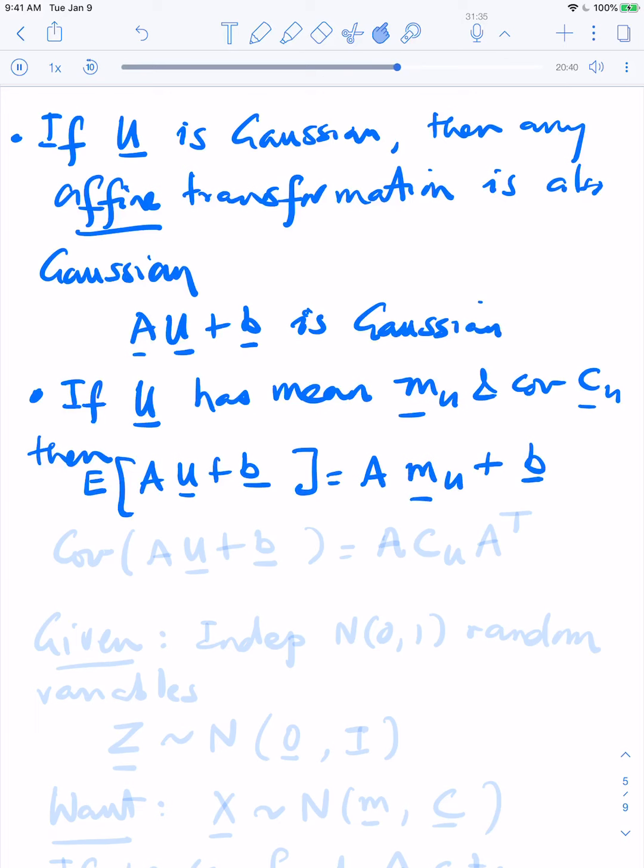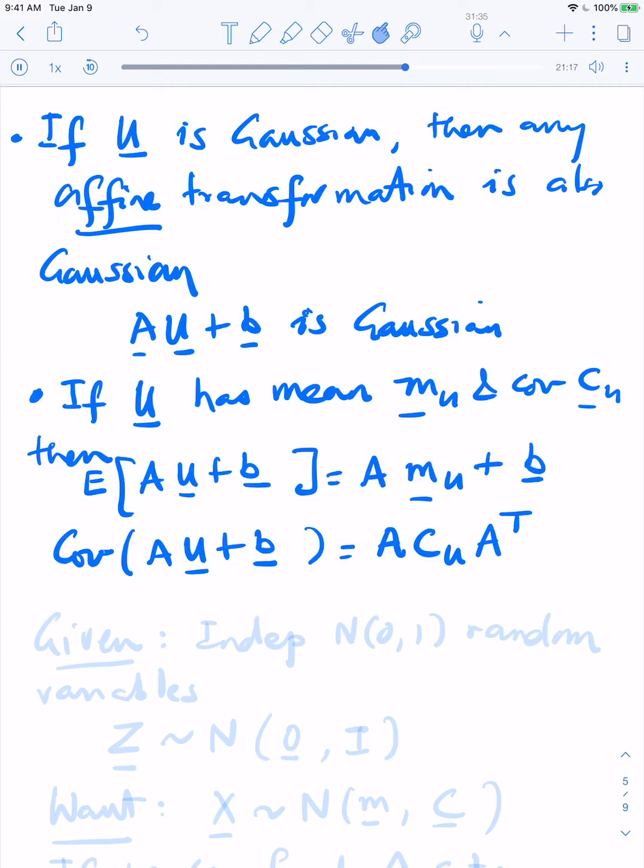So the mean just propagates in that fashion. And the covariance of AU plus B, remember that for the covariance you subtract out the mean before computing covariance. So this constant should not matter. And it's pretty easy to see that the covariance of AU plus B will be A times C_U times A transpose.